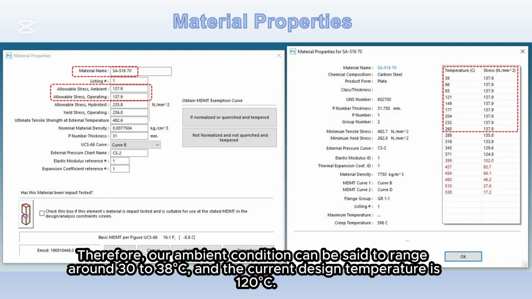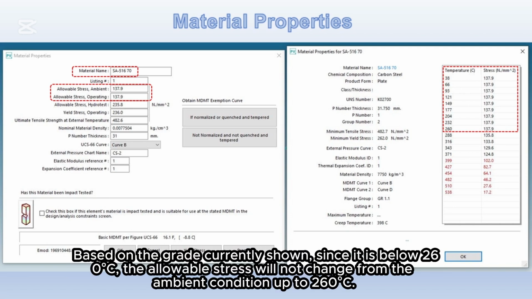Therefore, our ambient condition can be said to range around 30 to 38 degrees Celsius, and the current design temperature is 120 degrees Celsius. Since it is below 260 degrees Celsius, the allowable stress will not change from the ambient condition up to 260 degrees Celsius.